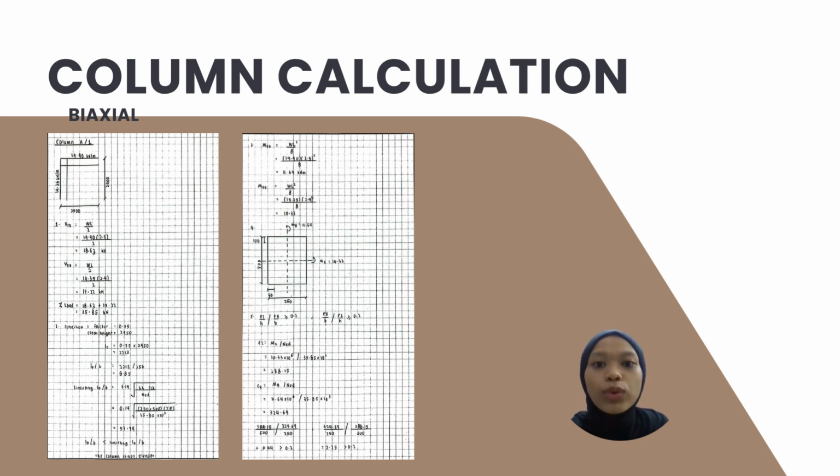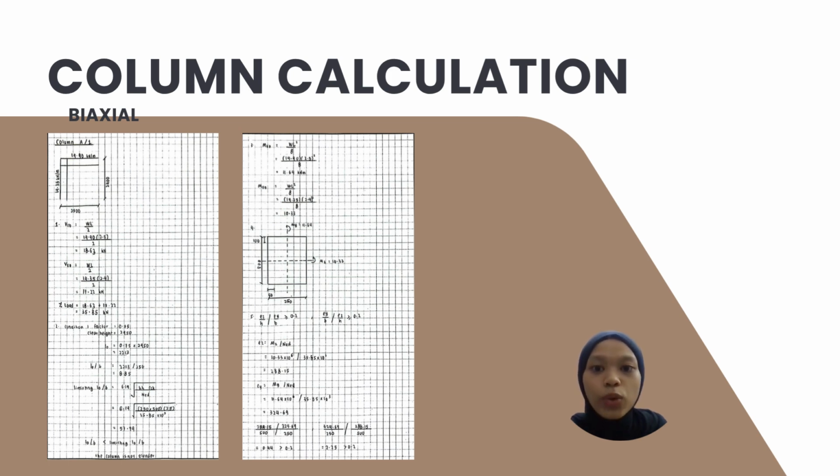For biaxial, the next step is to calculate the MED for each beam using the formula WL square over 8. For the first beam, we got 11.64 and the second beam we got 10.33. Next, we need to calculate EZ per H over EY per B, and it should be equal or more than 0.2, and also EY per B over EZ per H, which also needs to be equal or more than 0.2.